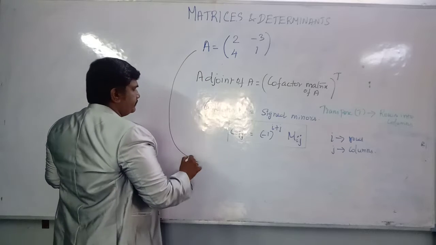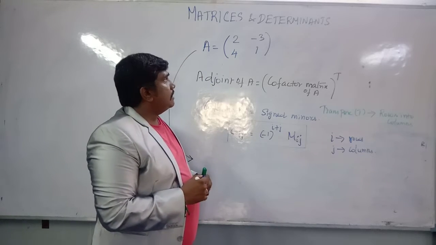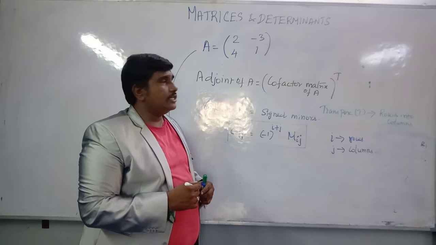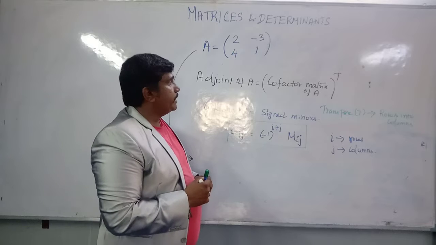Now we will come to this example. How to find the adjoint of this matrix A, that is 2, minus 3, 4 and 1. We have to find the cofactor.